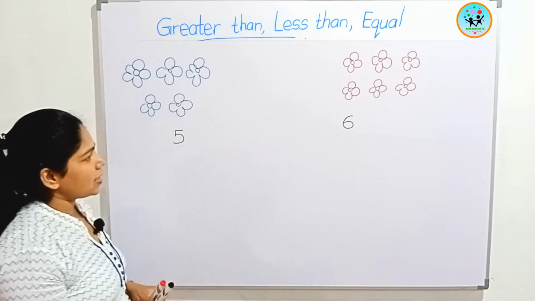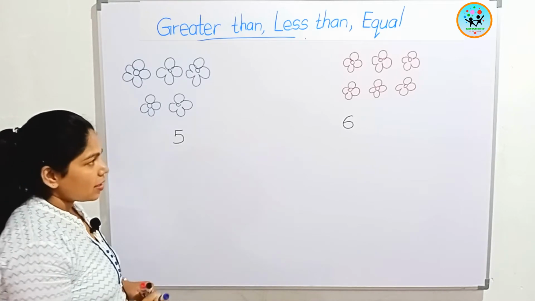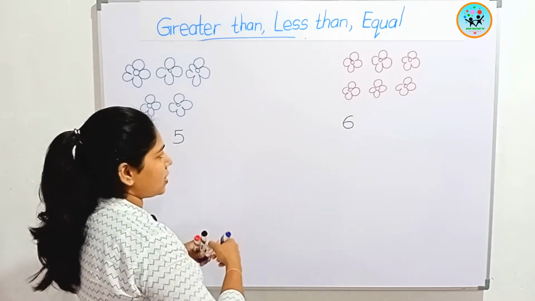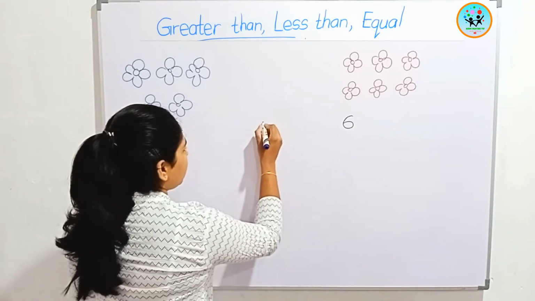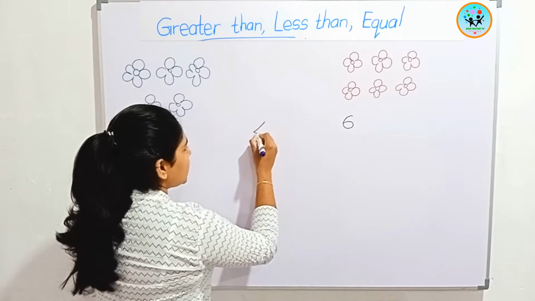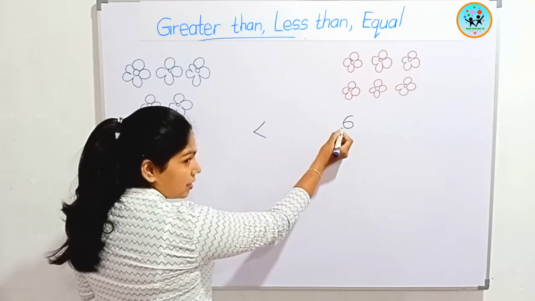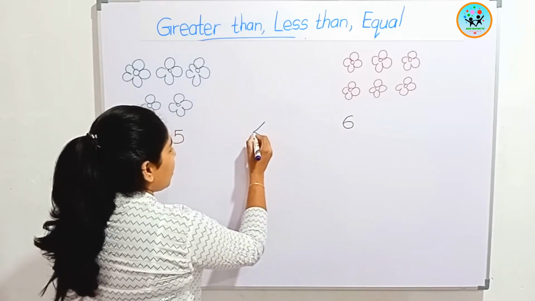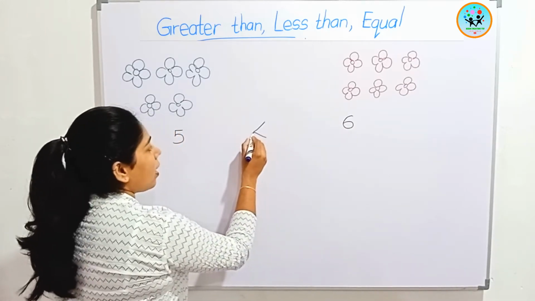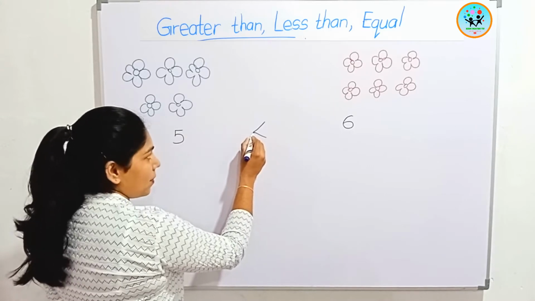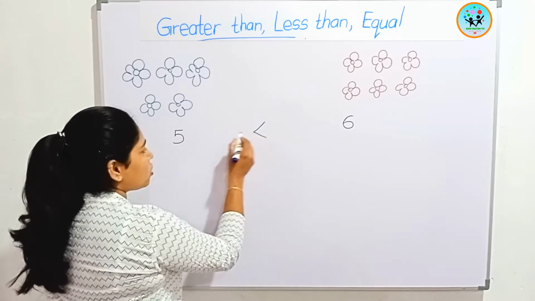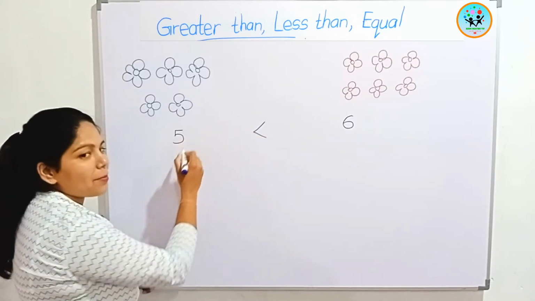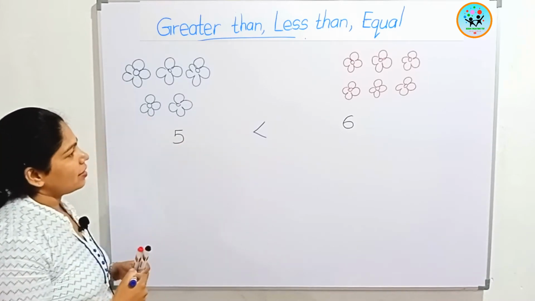How we place the symbol? Yes, the open mouth of the symbol should be placed towards the highest number, greater number. On the other hand, closed mouth of the symbol should be placed towards less number. Okay.